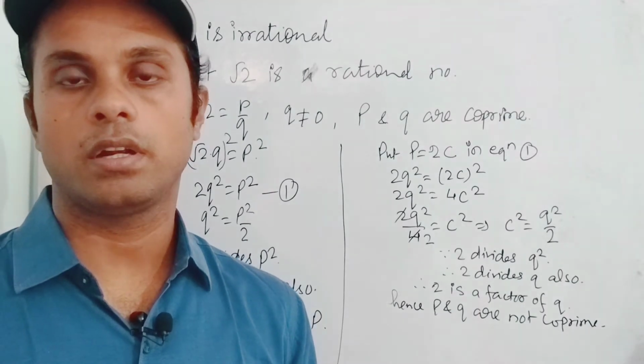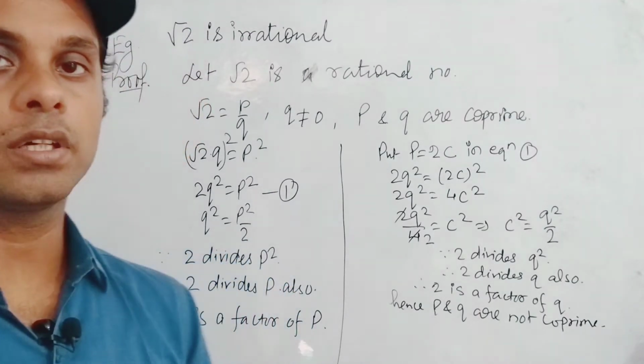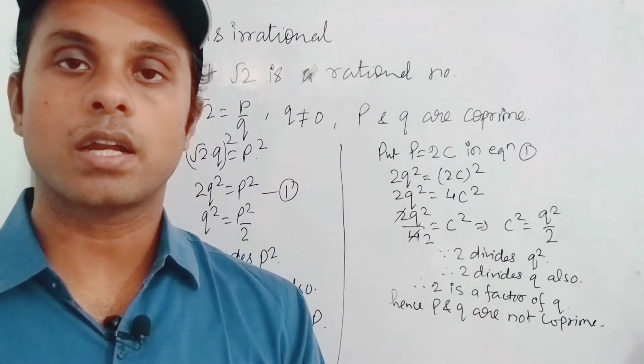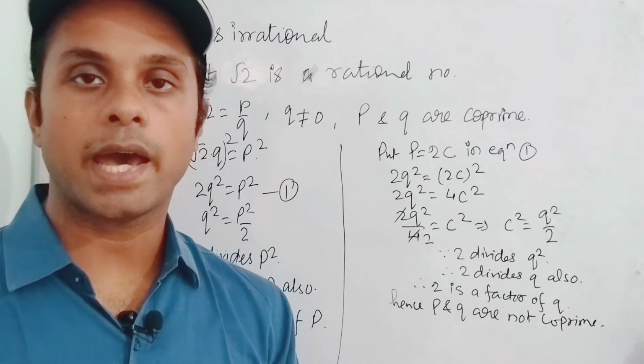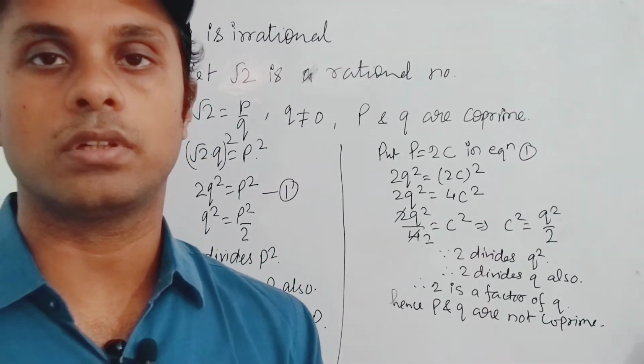So it means what? It means our assumption was wrong. We assumed earlier that root 2 is a rational number. So our assumption is wrong and root 2 is an irrational number.